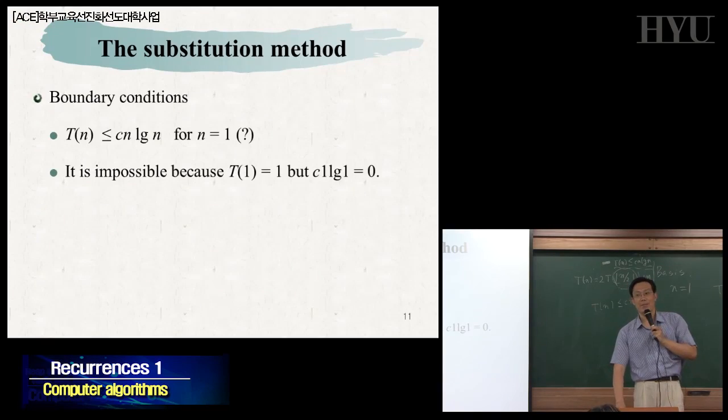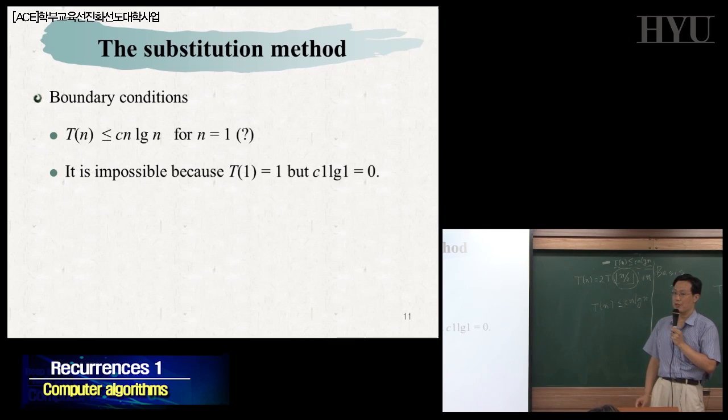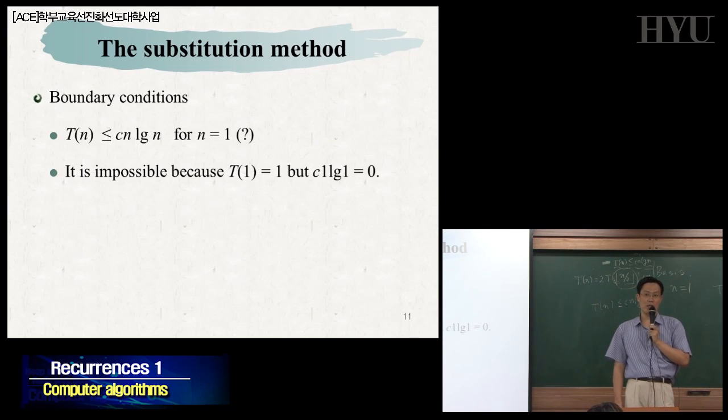Then let's get back to the boundary conditions. Usually, the boundary condition is satisfied when n is 1. But in this case, it's not true. Look at this case. T of 1 is positive. It's the running time of an algorithm when it has only one element as input. So it is positive.